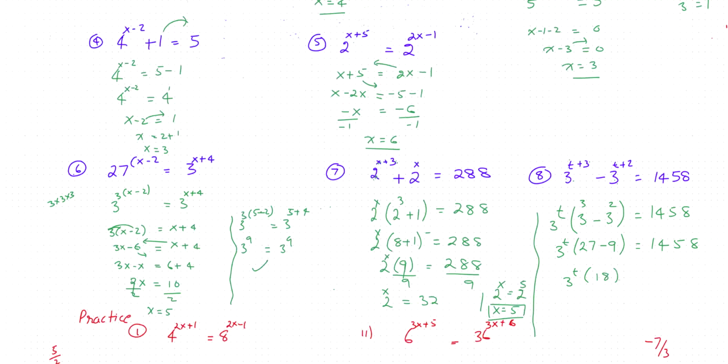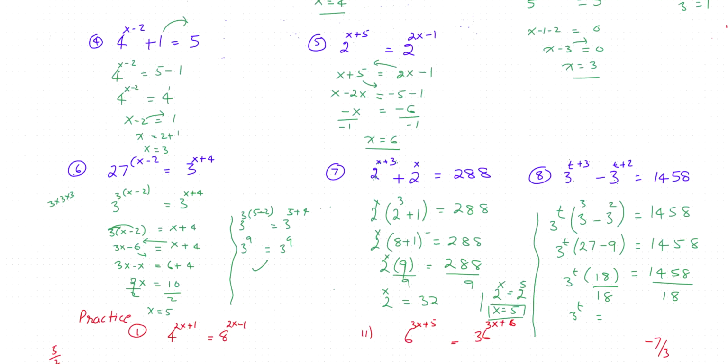So now divide by 18, divide by 18. So 3 to the power t equals, now calculate 1458 divided by 18. You get 81.